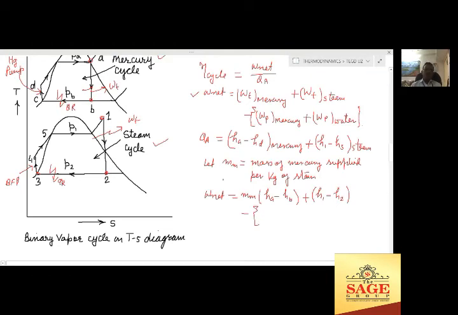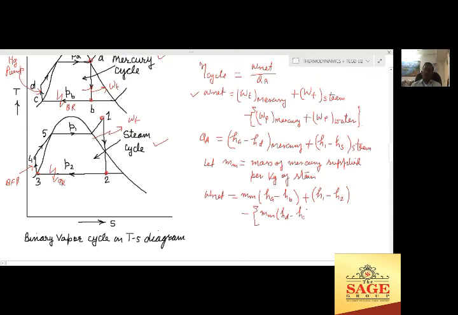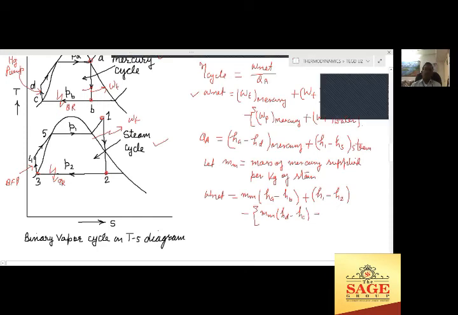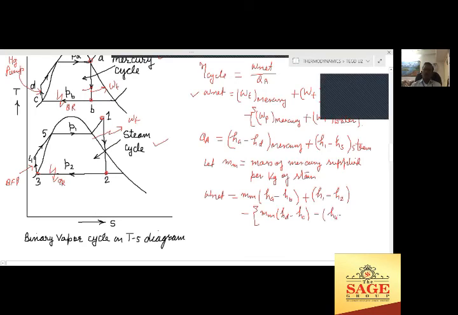Now we subtract the pump work. It is minus the mercury pump work from C to D, mm into HD minus HC, minus the water pump work, which is H4 minus H3.